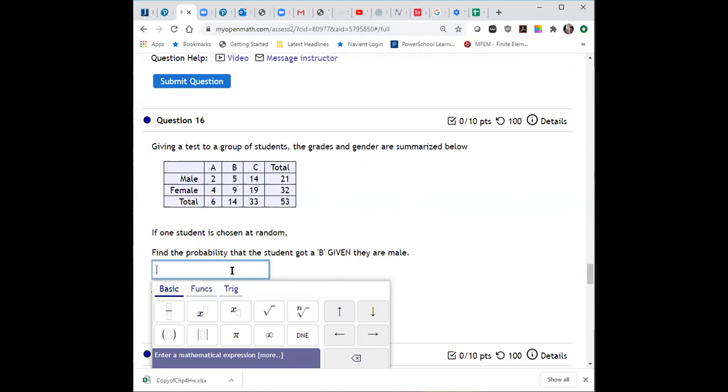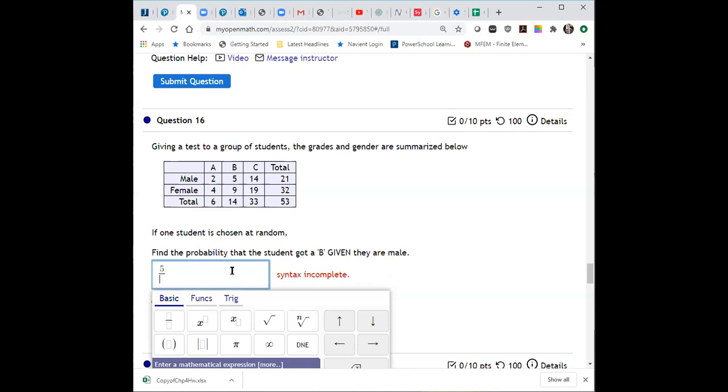B and male will be 5, right? Actually this one should be divided by the total, but later on you can cancel out, right? And then divide by the probability of male, so 5 divided by 21.